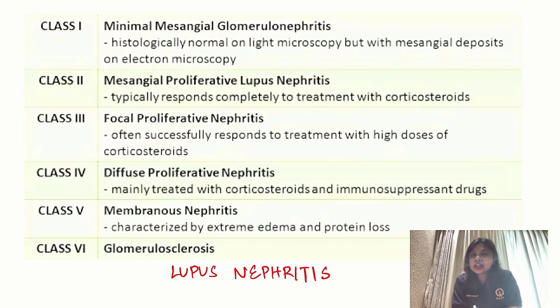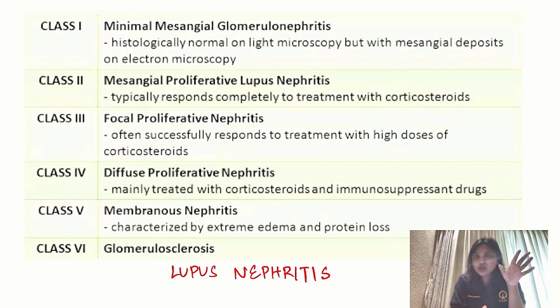So first is class 1 lupus nephritis. It is minimal mesangial glomerulonephritis. You're not going to find anything in the light microscopy, but there can be mesangial deposits on electron microscopy. Class 2 is mesangioproliferative. That is, there can be proliferation of the mesangial matrix. Whereas class 3 is focal proliferative, right? And class 4 is diffuse proliferative. Class 5 is membranous nephritis, and 6 is glomerulosclerosis.